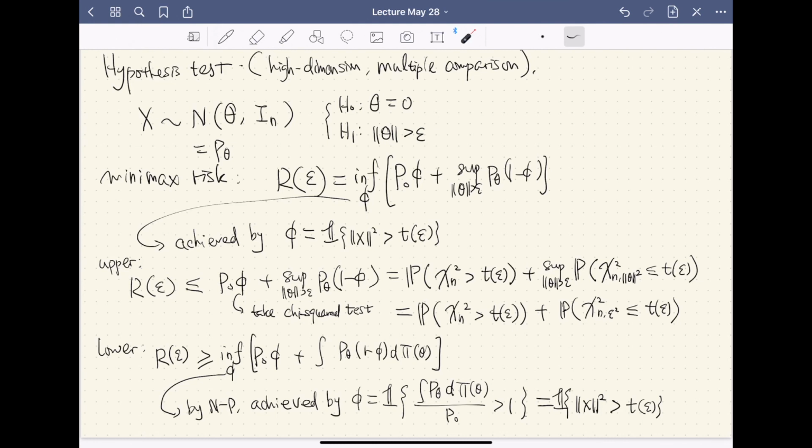The smallest epsilon, you are able to tell the difference between H null and H1. Obviously, if epsilon is 0, then you cannot tell the difference because there's no separation, right? So what is the smallest epsilon you can do that? Okay, so it turns out the solution will be non-trivial. I'm going to explain the result to you in the next lecture.